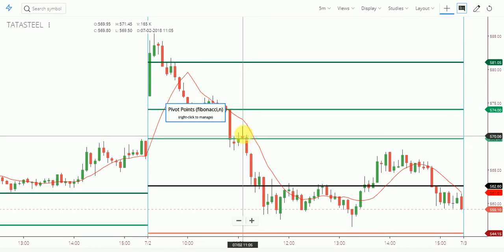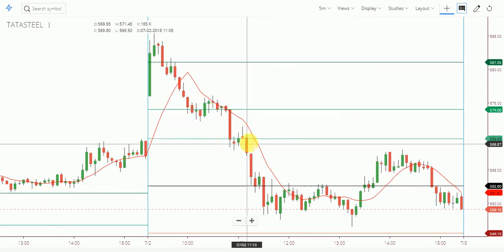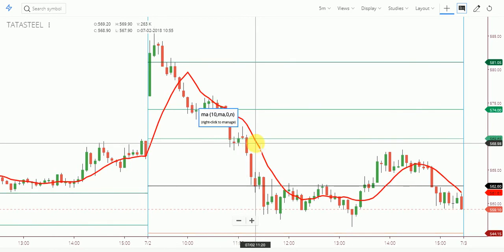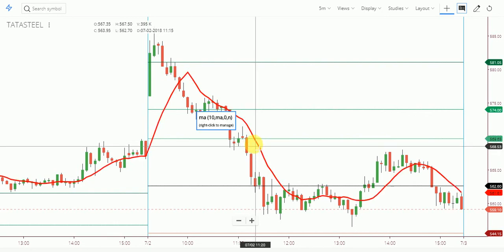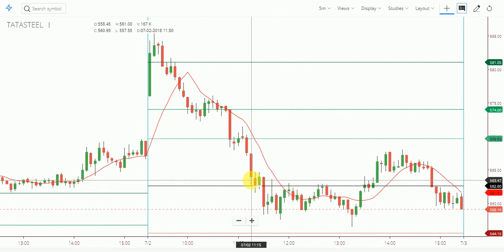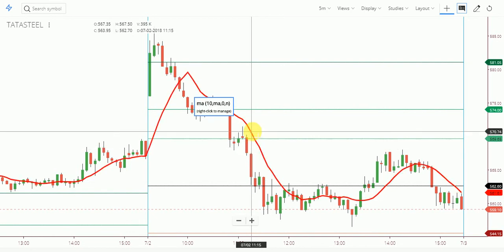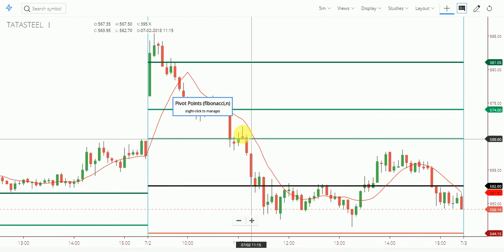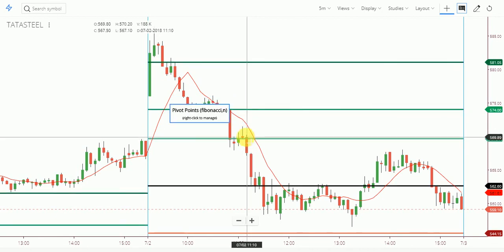Yeah, I saw weakness here. Let me go ahead with the shorting after breaking this candle, right? So let me place an SLM order like that. After breaking here, you get a very good point, right? And let me put a stop loss at around here.